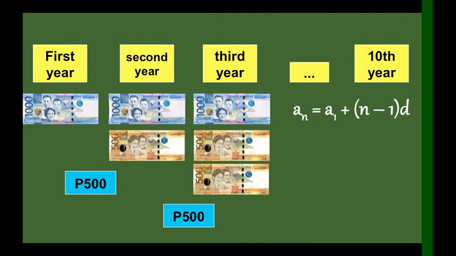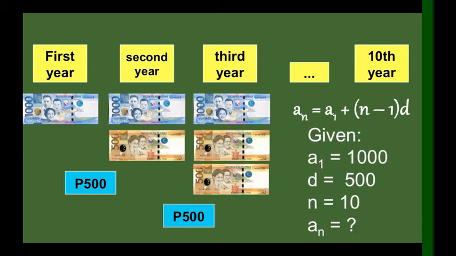Usually, when it is a geometric sequence, we multiply numbers. But in arithmetic, we just add or subtract. The second term and third term increase by a similar number. As you can see, from the first to the second, it increased by 500, and from the second to the third, it also increased by 500. So they have a similarity: we are just adding 500.